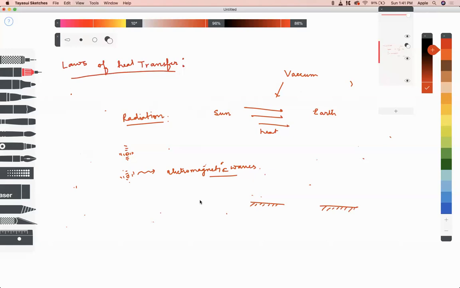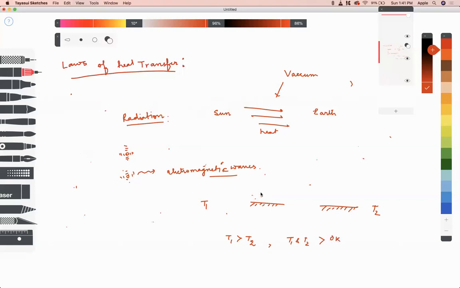All right. One is at temperature T1 and another is at a temperature T2. And let's say, just for the sake of argument, T1 is greater than T2. In that case, both are above absolute zero, and let's say T1 and T2 are greater than 0 Kelvin.